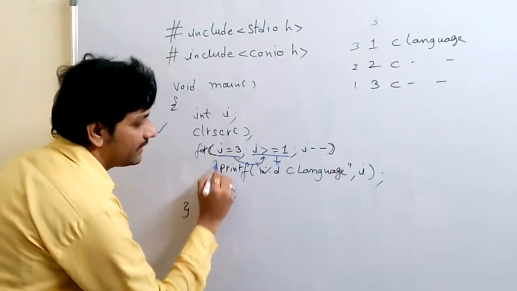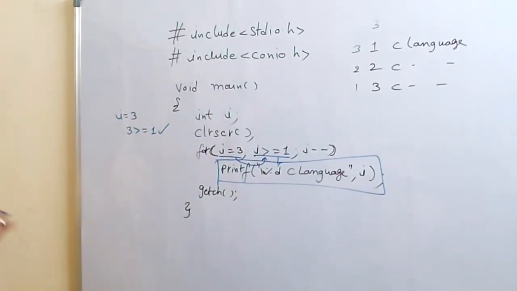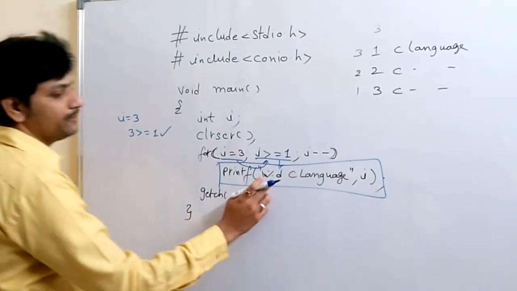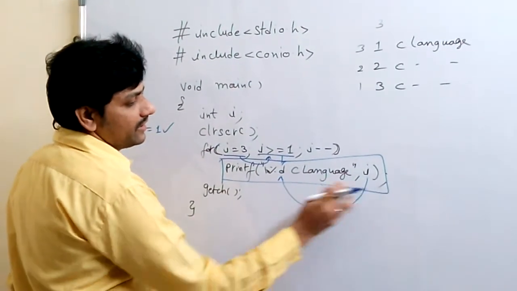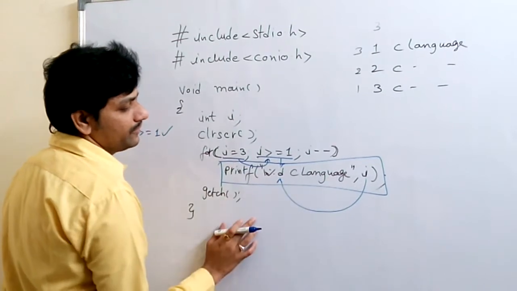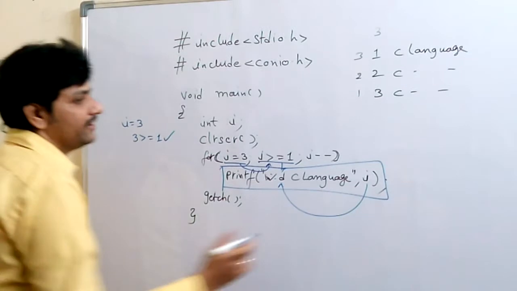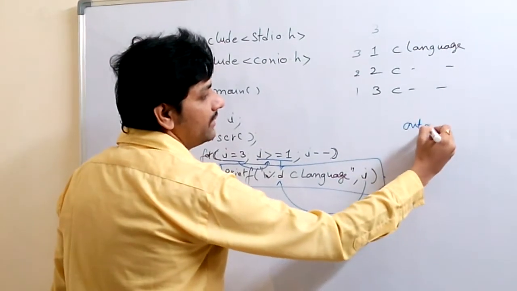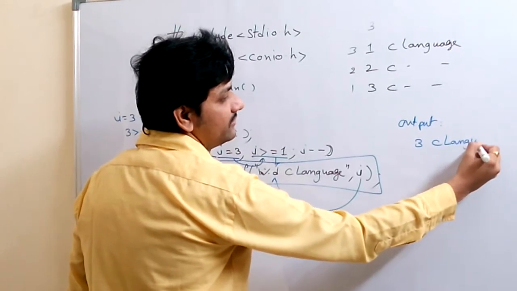So it comes inside and executes this statement: %d C language. In the place of %d, i is going to be displayed. What is the i value? 3. So in the output we get 3 C language.